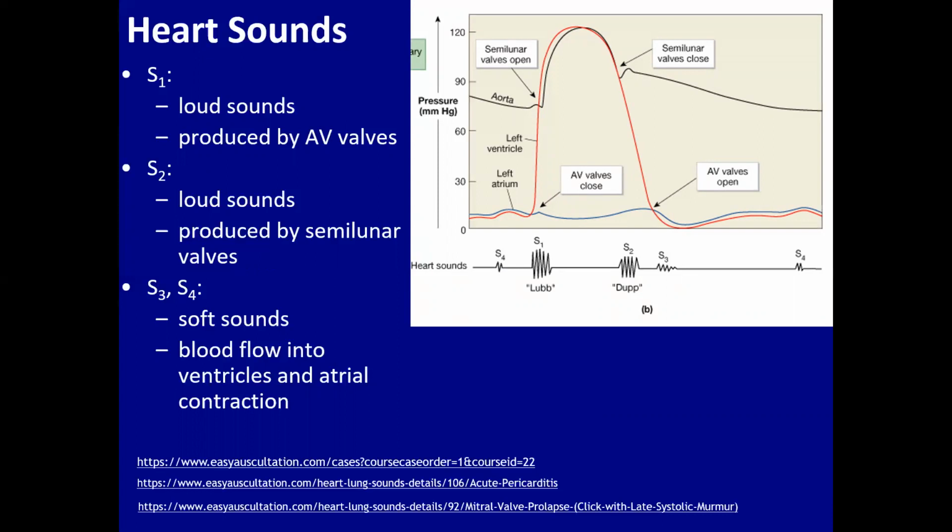This is when we have the sound, when you have blood flowing into the ventricles and during atrial contraction. Those loud sounds, the first one is produced by the AV valves, and the second loud sound is produced by the semilunar valves. So the dub is semilunar, and the lub is AV valves.